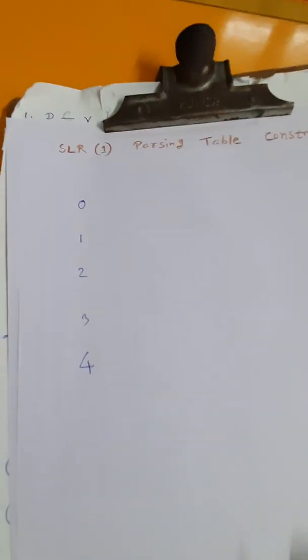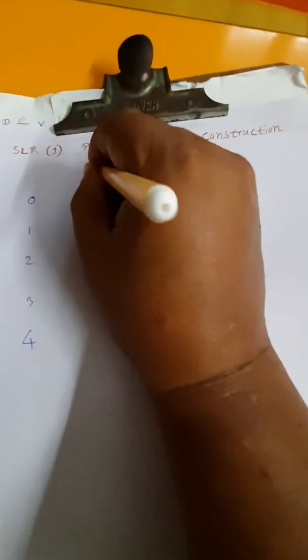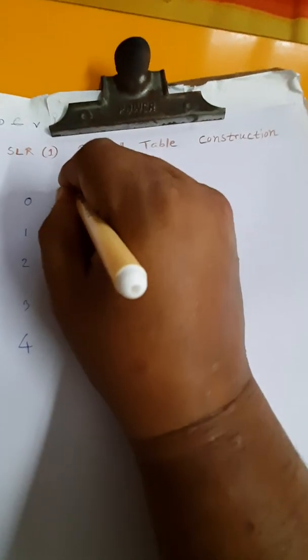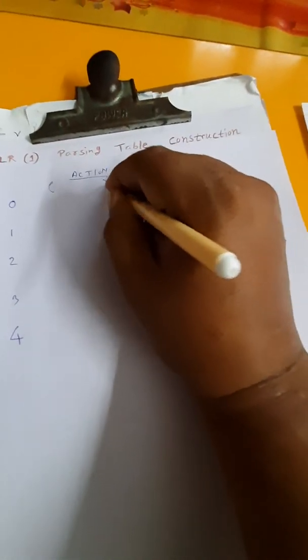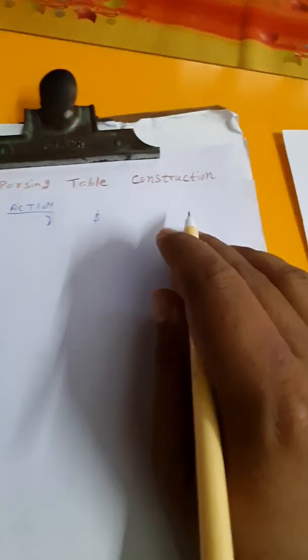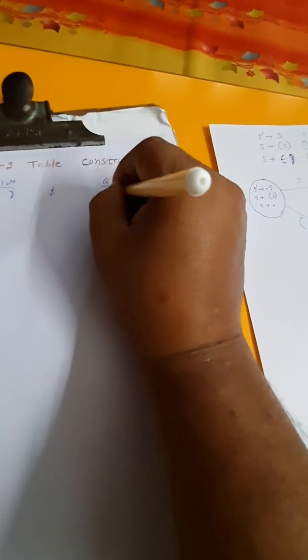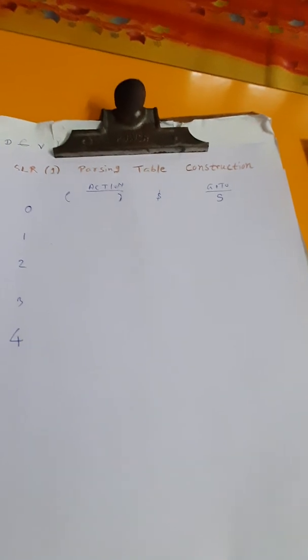Now who are the terminals? They are written under action. So the terminals are open brace, close brace along with dollar. And who are the non-terminals of the given grammar? They are written under goto. This is S. So this.